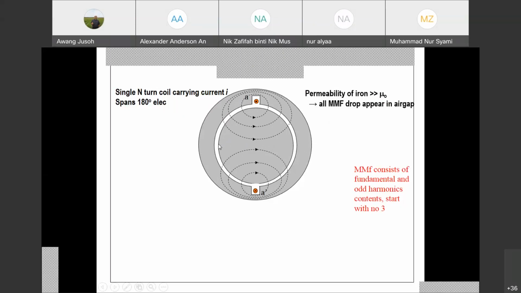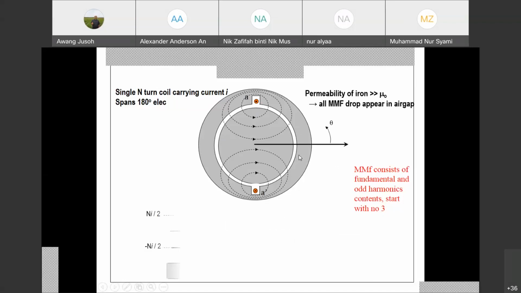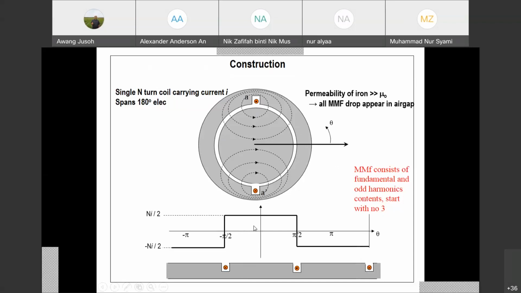The flux comes out from this terminal, so this becomes the north pole. We assume all the MMF drops across the air gap. This is the flux direction. If you plot the flux produced by phase A of the stator winding, this is what it looks like, with the angle theta.